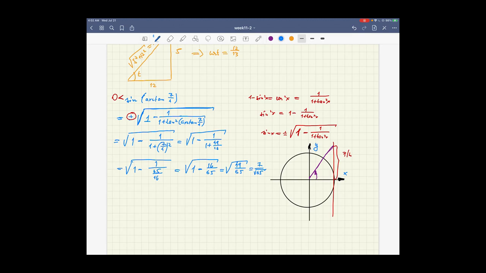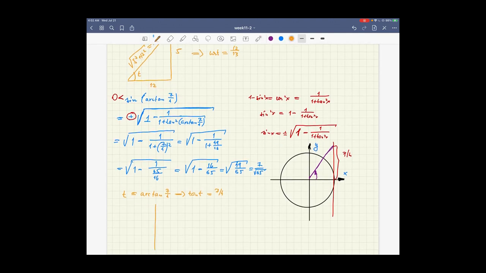We can again solve this problem using right angle trigonometry. If we denote t by arctangent 7 over 4, so that tangent t is 7 over 4, as long as we understand that the answer must be positive, of course.